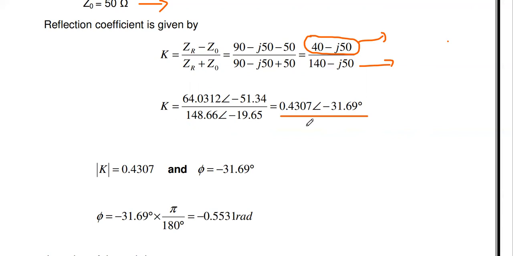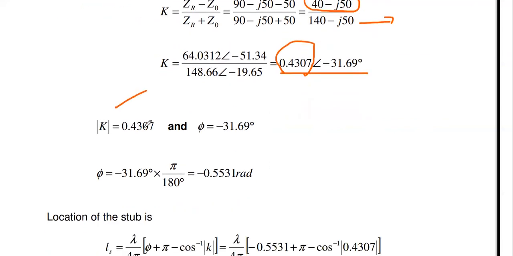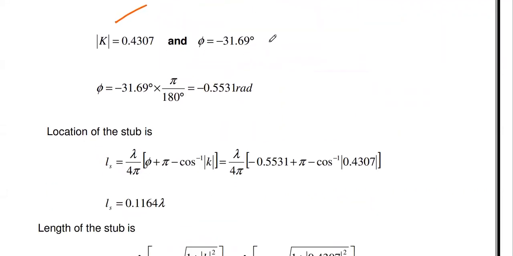Okay, so K is calculated. From this K, we have to find the modulus of K and the phi value. Which one is the modulus? This 0.4307, the magnitude part. So the modulus of K is 0.4307 and the angle is minus 31.69 degrees. Here you see this phi value is in degrees, but in order to find the location of the stub and the length of the stub, all answers should be in radians.